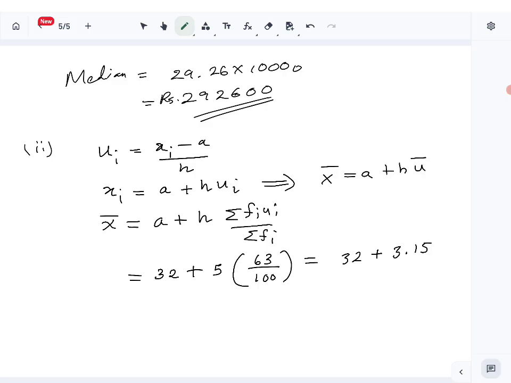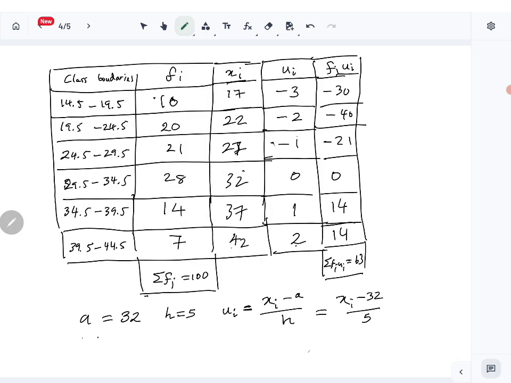Is this correct? Let's go back. This is wrong, because this is minus 63, not positive 63.